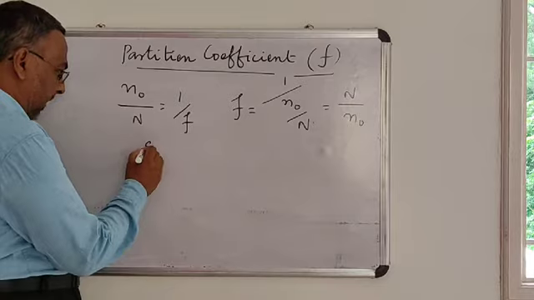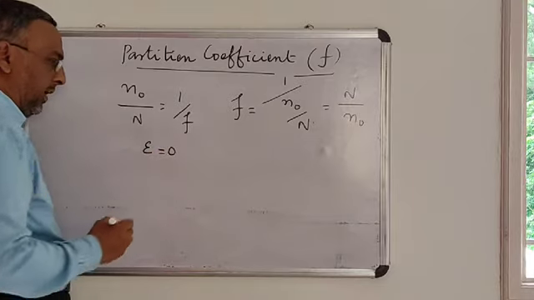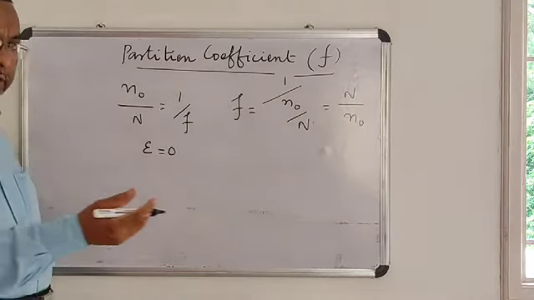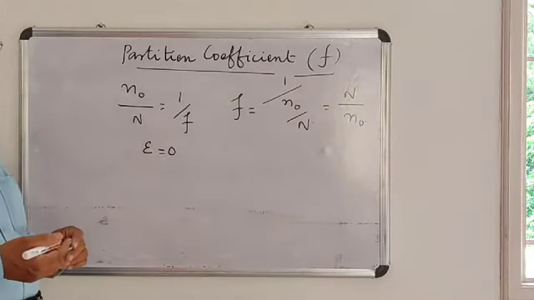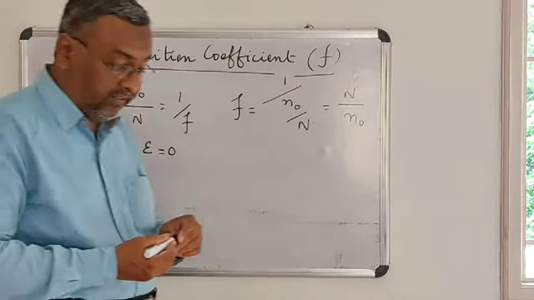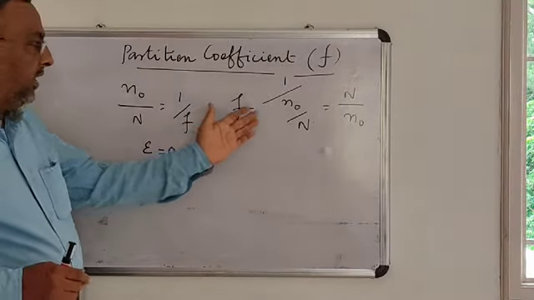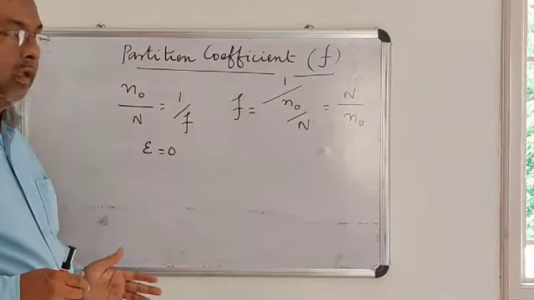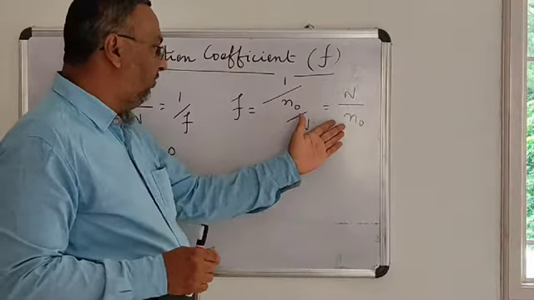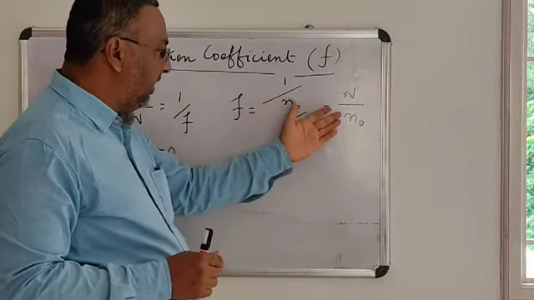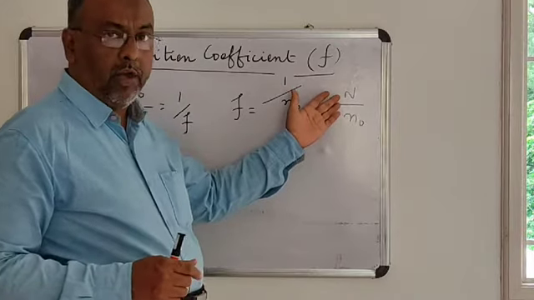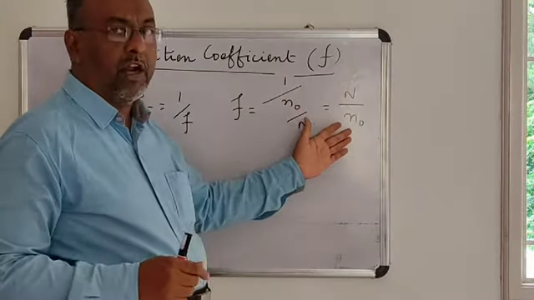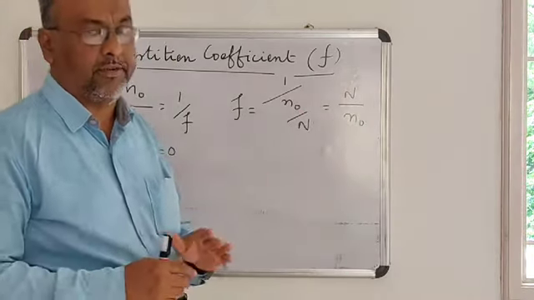Ground state is nothing but the lowest energy level with energy 0. Or we can say the Cartesian function is the ratio of the total number of molecules to the number of molecules in the ground state.